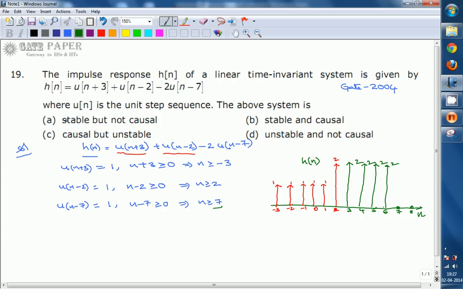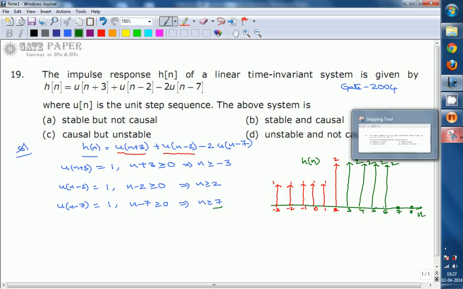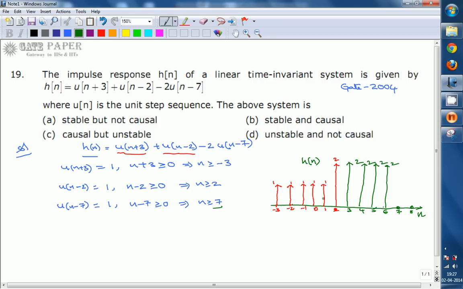Now we are going to verify whether it is stable, causal or not. So in order for the system to be causal, the condition for causality, by giving the impulse response h of n, is h of n equals 0 for n less than 0.